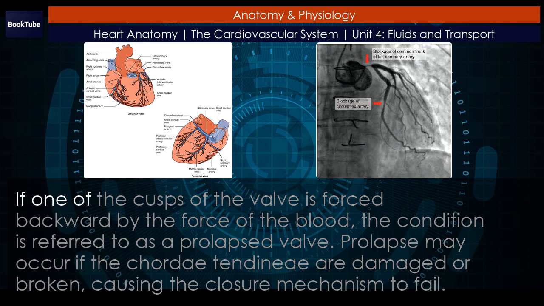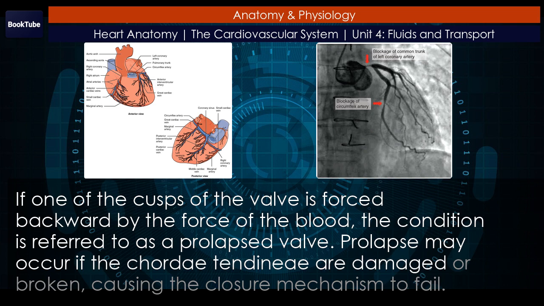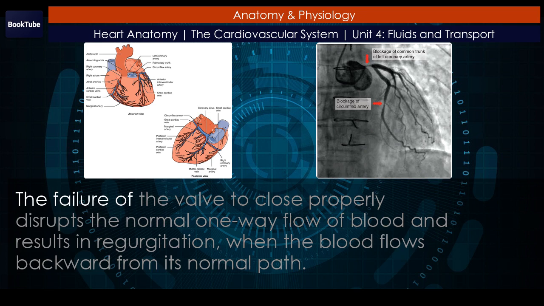If one of the cusps of the valve is forced backward by the force of the blood, the condition is referred to as a prolapsed valve. Prolapse may occur if the chordae tendineae are damaged or broken, causing the closure mechanism to fail. The failure of the valve to close properly disrupts the normal one-way flow of blood and results in regurgitation.